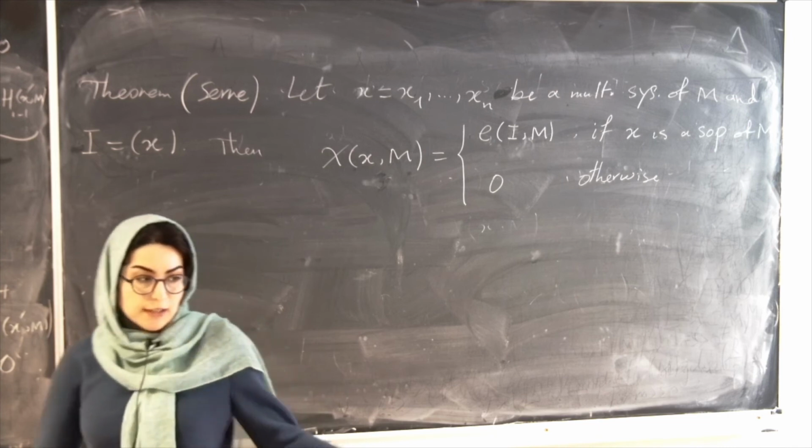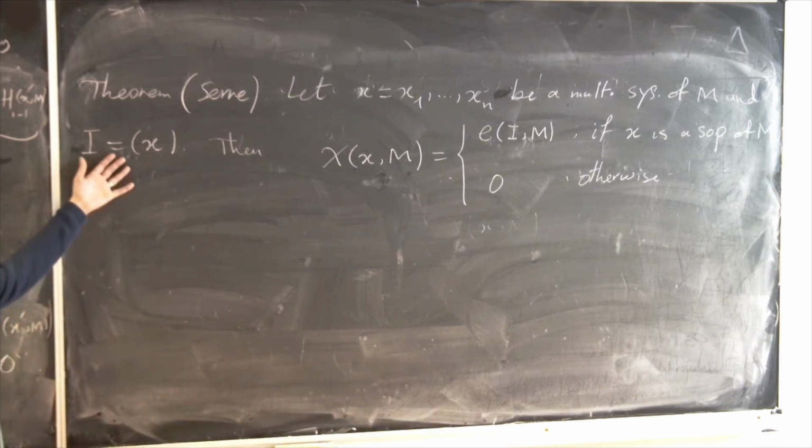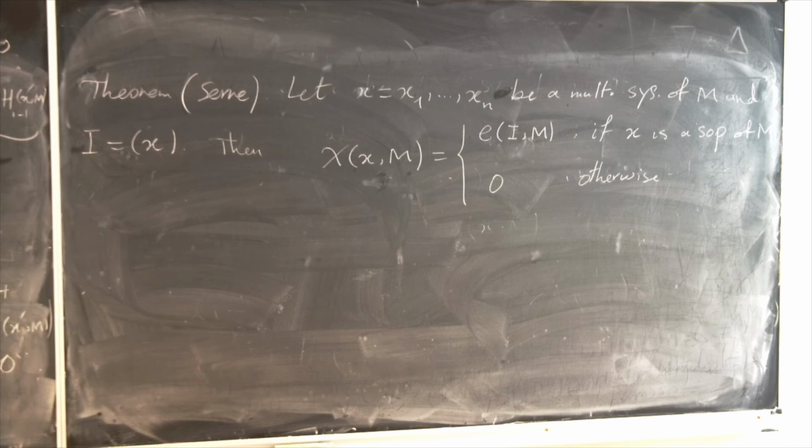So it matters whether this sequence is a system of parameters of M or not to get the Euler characteristic.